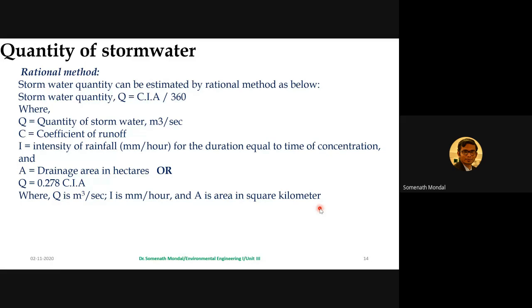You have to keep one thing very clear in your mind: you cannot change the units. So first you convert the units to the recommended ones, and then you calculate the stormwater quantity using the rational method. Q has to be in meter cube per second, I has to be in millimeter per hour, and A is in square kilometer. If you don't convert, then the calculation will be a mistake.